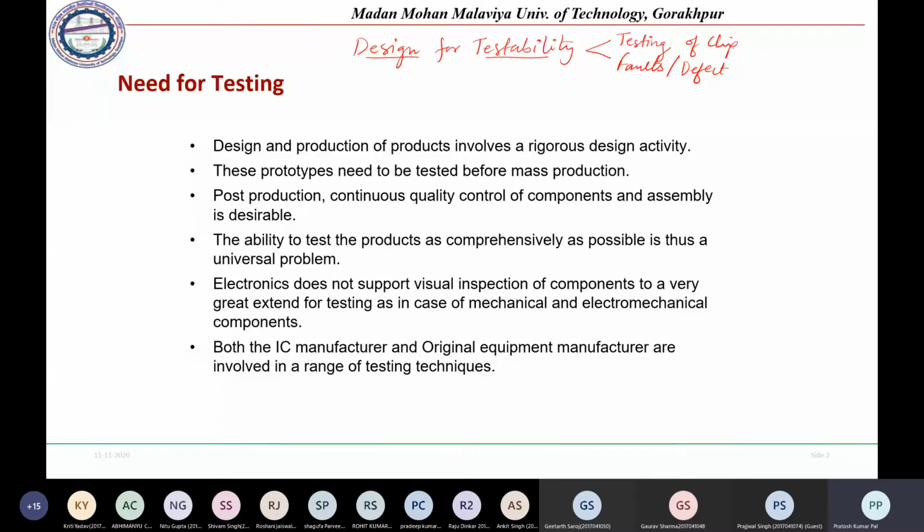So before going to the market, it should be tested, and testing is a very crucial part of designing any electronic device. Any electronic circuit, if we are implementing any electronic system, then testing occurs at each level.